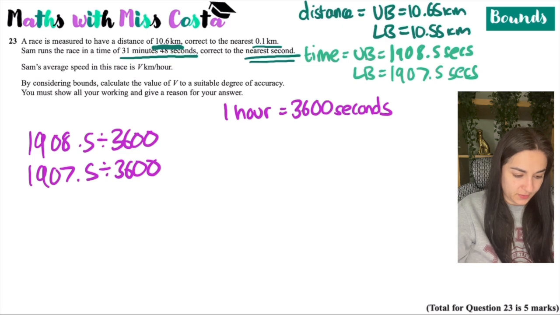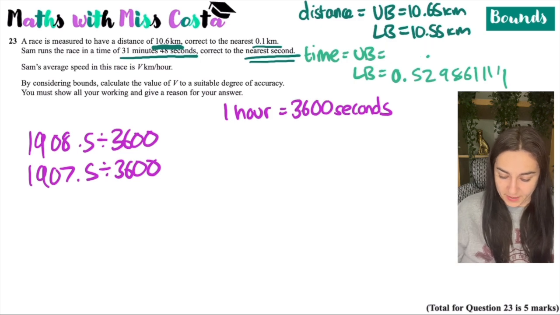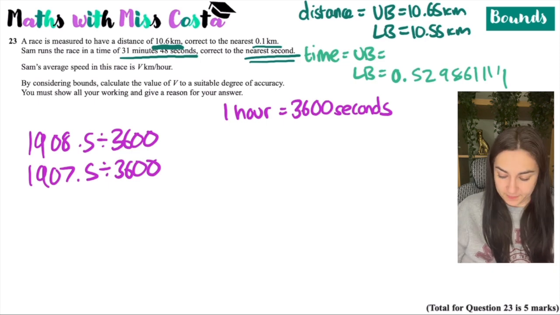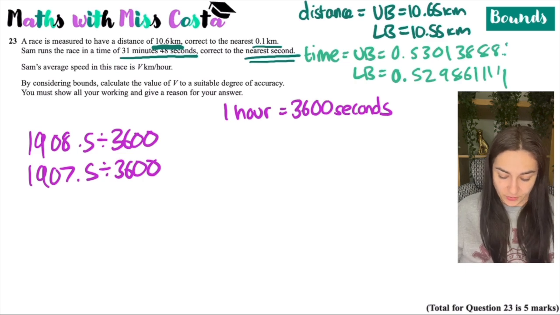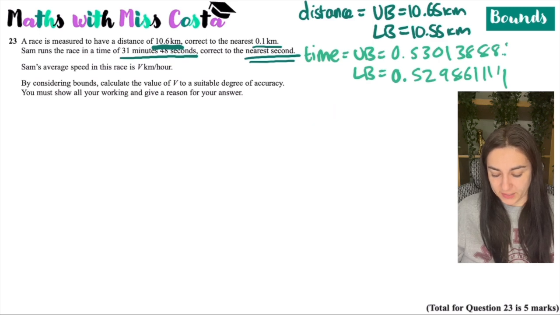So my lower bound would be 0.52986111, and my upper bound, 1,908.5 divided by 3,600, gives me 0.5301388889.